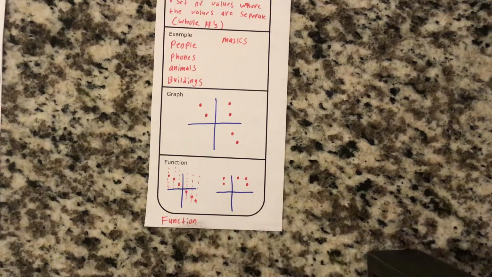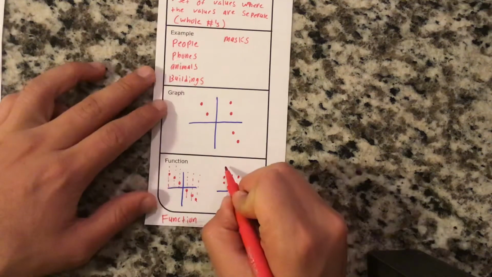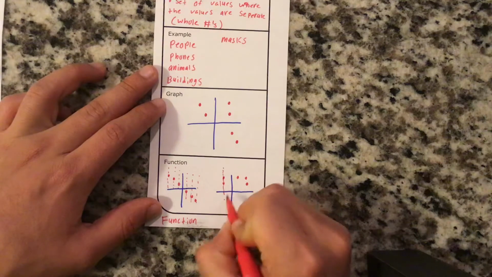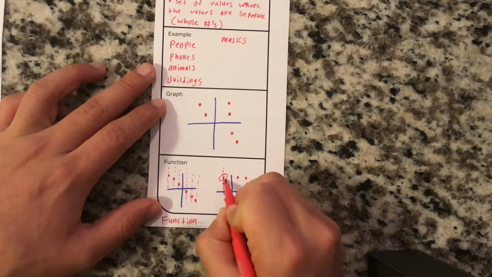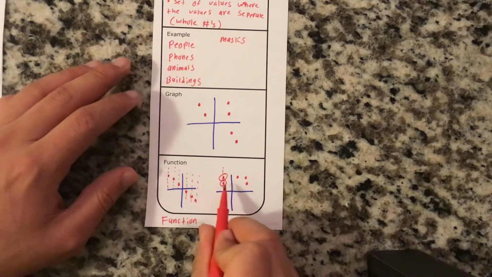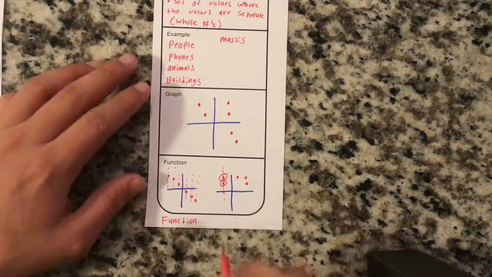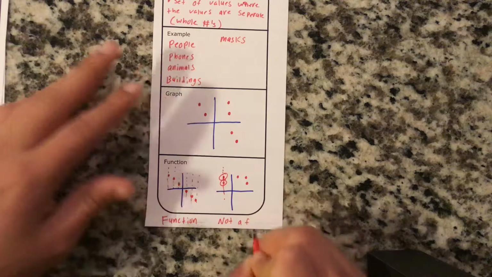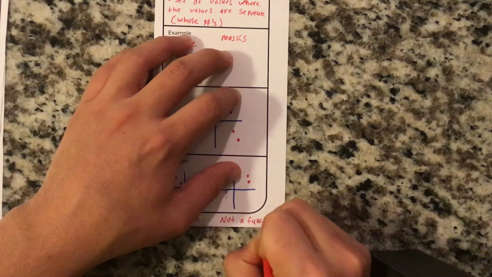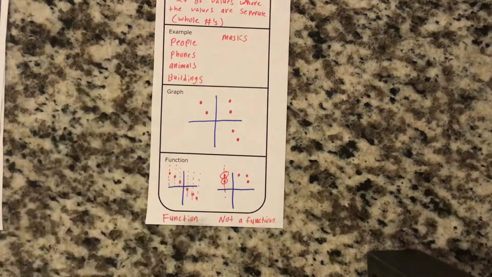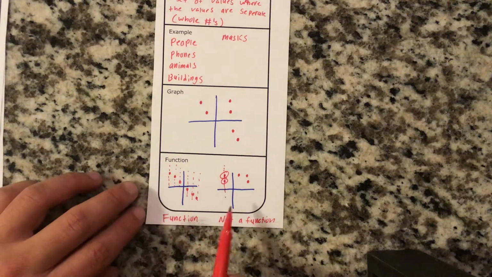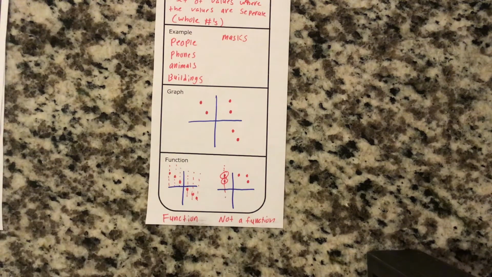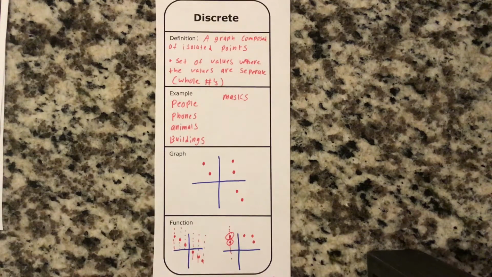If I go to this right graph and do the vertical line test, right there automatically it hits 2 points. Because it hits these 2 points with that vertical line, this second graph is not a function. Okay, so you can determine from a discrete graph whether it's a function or not, just like another graph.